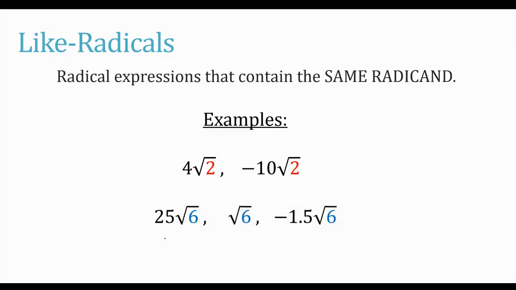Another set is 25 radical 6, just radical 6, and then negative 1.5 radical 6. I gave you these different examples because it shows that the numbers in front don't really have anything to do with the fact that they're like radicals. It all depends on the number that's underneath the radical symbol. Here they all have that 6, so these are all like radicals.